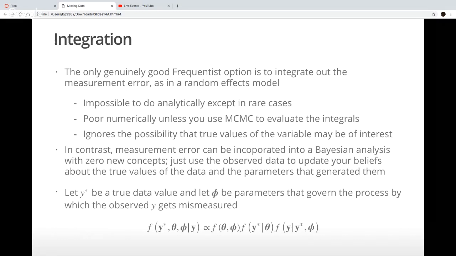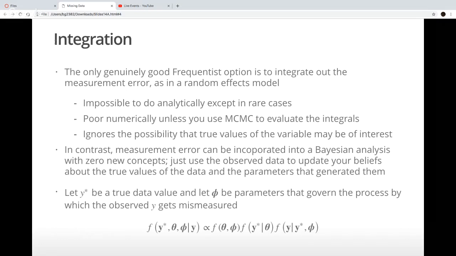So you'll see frequentists doing simulated likelihood and then maximizing that when it would be just as easy to just draw from the posterior distribution using MCMC. It also ignores the distinct possibility that the true values of the data might be of substantive interest. If you integrate them out of the likelihood, then you can't estimate what those true values were.